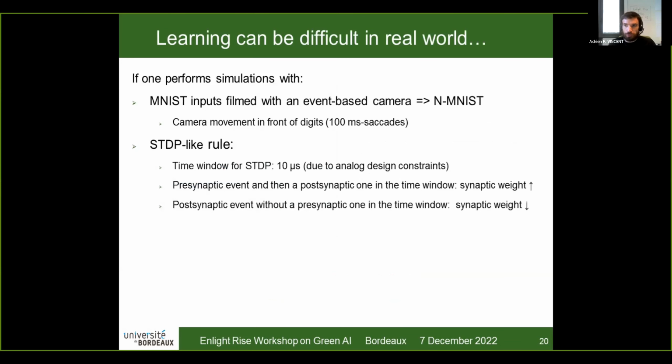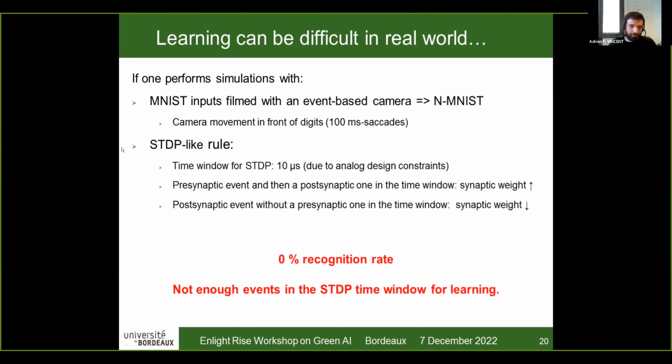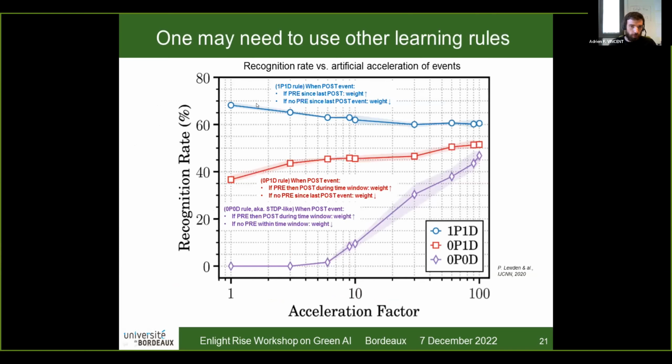Well, I will skip those two slides for the sake of time, but the idea is that we tried to simulate neural networks that were using data produced by such a camera. Basically, when we used an STDP-like learning rule adapted to the hardware that we could build, we were not able to learn anything, and we had to look at other learning rules in order to retrieve some recognition rate, which is represented on that axis.